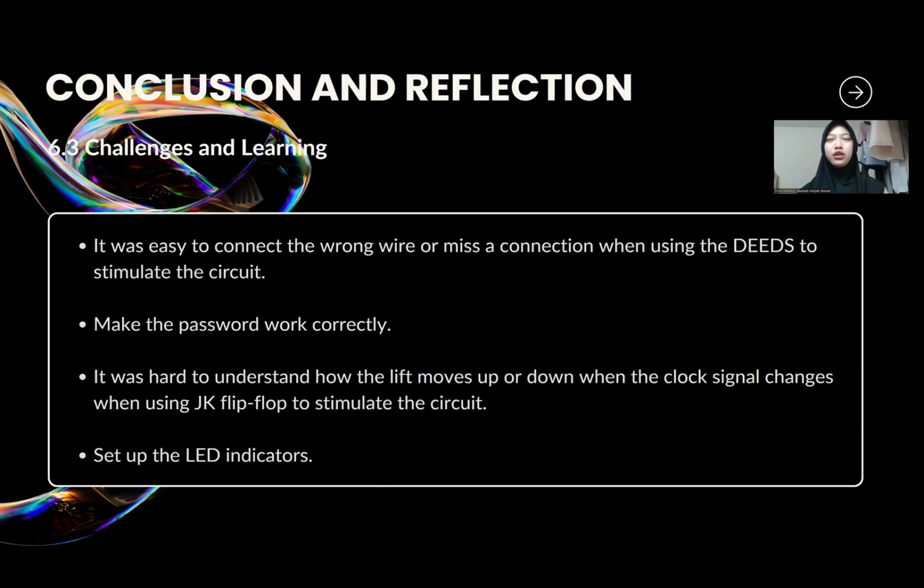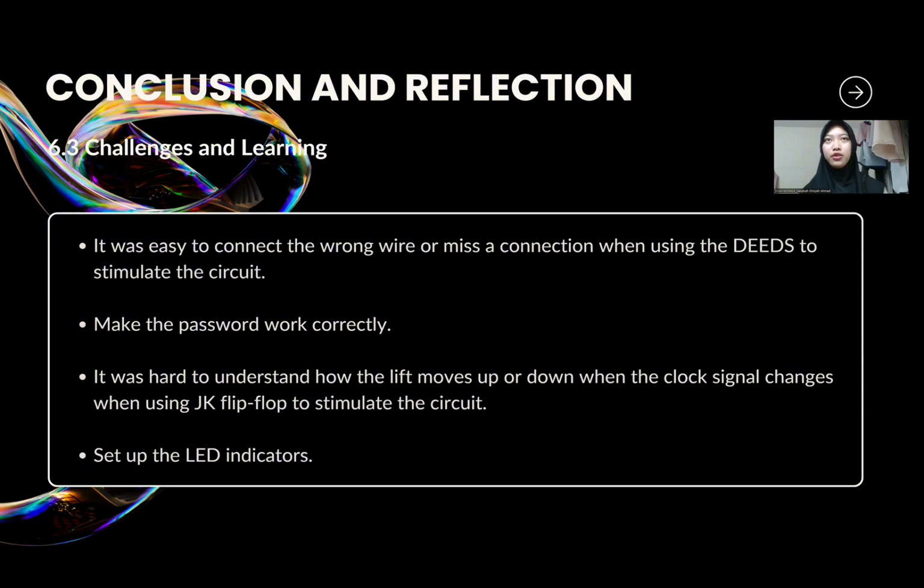Okay, and we also faced many challenges while making this project, and we also tried to overcome them by learning how to do that. Actually, it was easy to connect the wrong wire or make a wrong connection when using the DIT simulator to simulate the circuit and make the password work correctly.